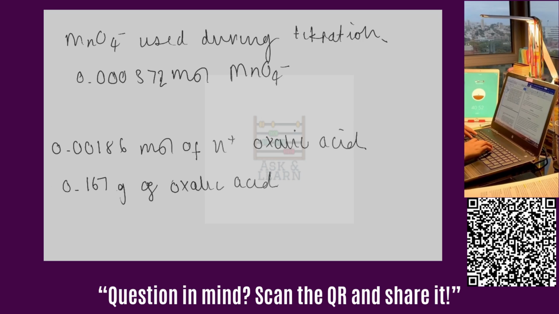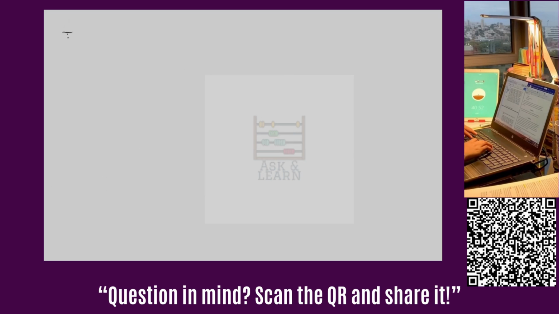So now we can calculate the total number of moles in solution of H plus. That is 0.00272. So now we can calculate the number of H plus moles that originated from our acetic acid, and therefore we can determine the mass of acetic acid.